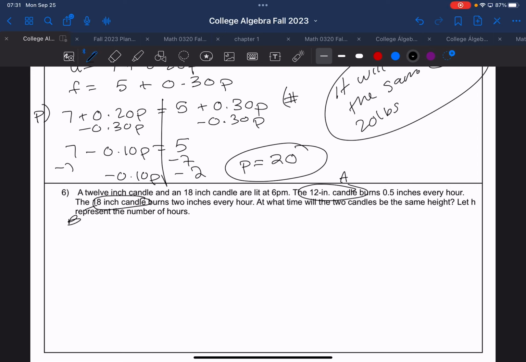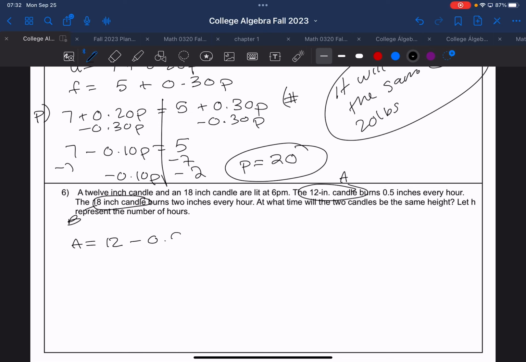In this problem, they're trying to trick you by adding those extra numbers, the 12-inch and the 18-inch. That is just separating the two different types of candles. So we have candle A is equal to 12, and then it says burns 0.5 inches every hour. So burns would be what?